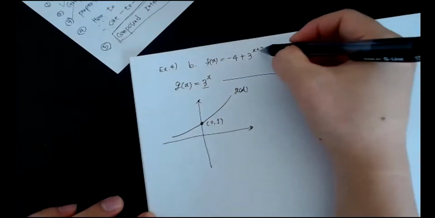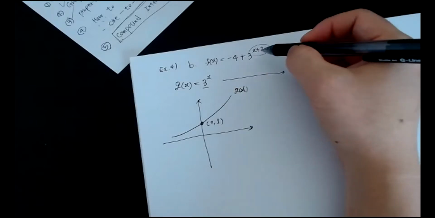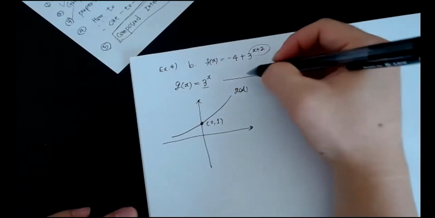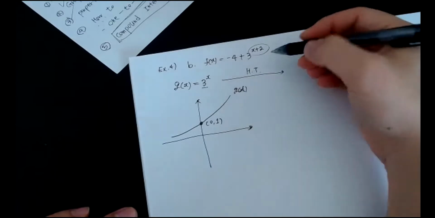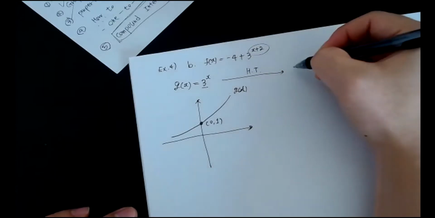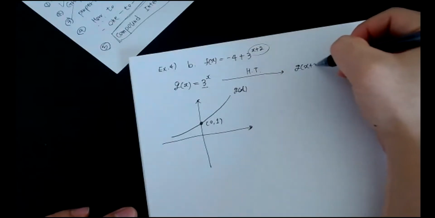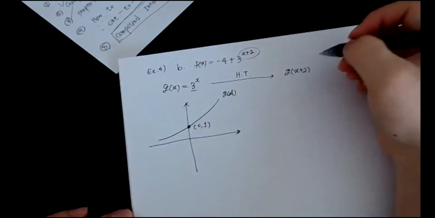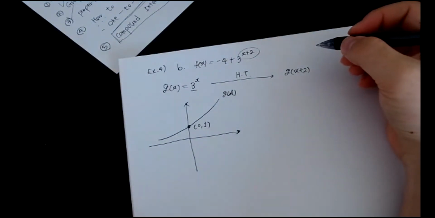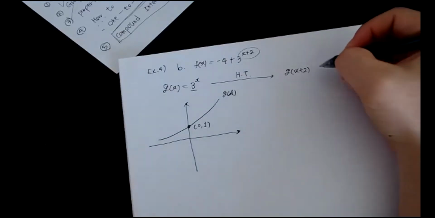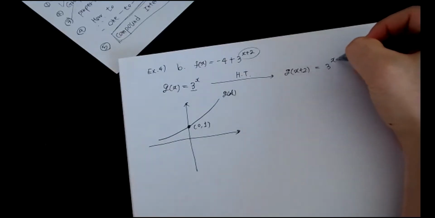So first, see that x plus 2. To get x plus 2, we need to apply the horizontal translation, okay? So replace x by x plus 2 in g of x. That's shifting the graph of g of x to the left 2 units, which is 3 to the x plus 2.